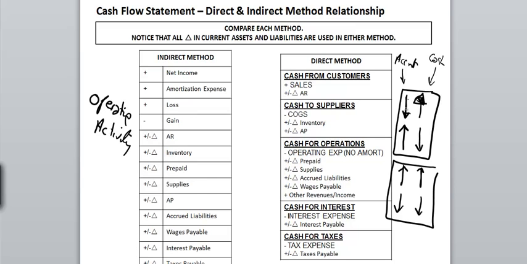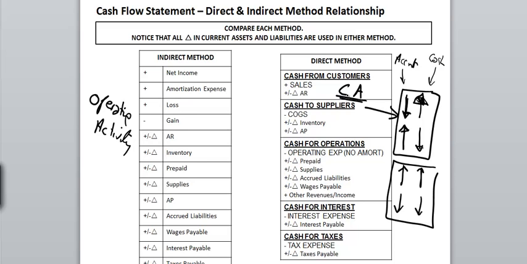One hand goes down, the other one goes up. One goes up, the other one goes down, and these have to relate to, right here, these are current assets. If a current asset, such as accounts receivable, goes up, we're assuming that customers are delaying their payment.